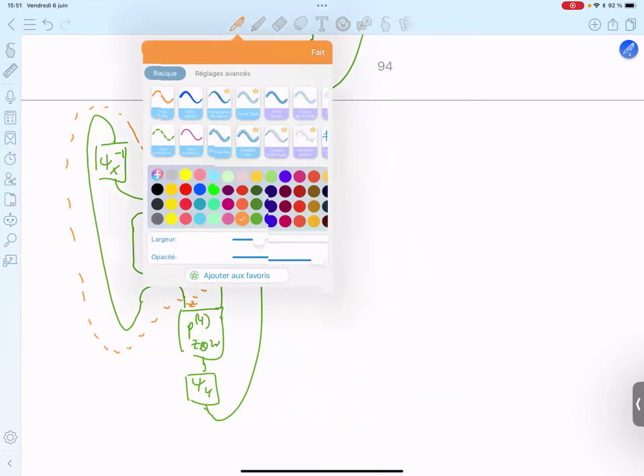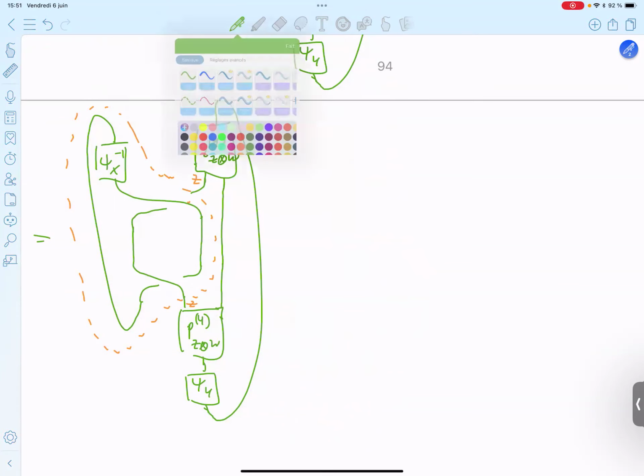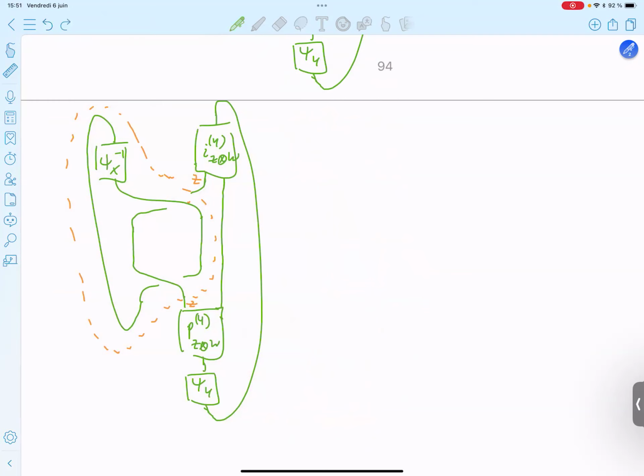So this is equal to, using the same trick as before. As for the star, the star refers to a star I put yesterday.